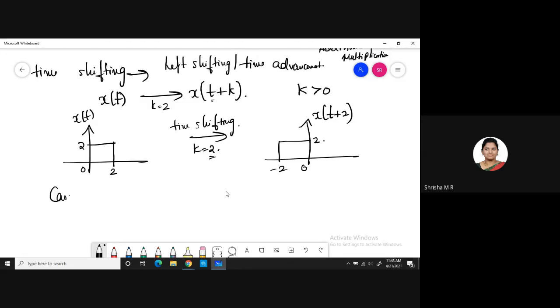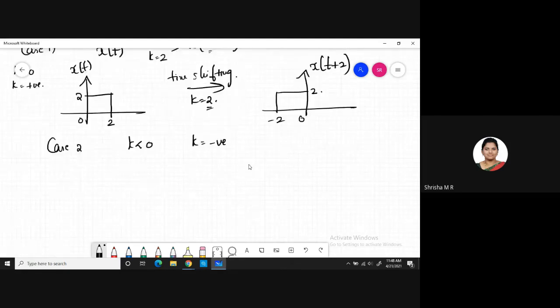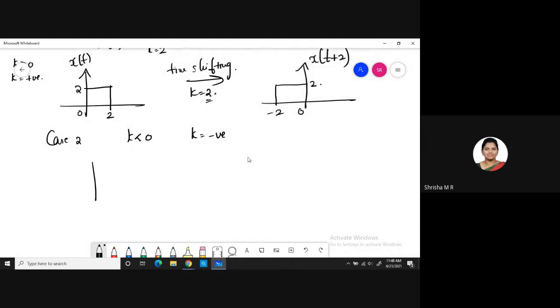So case 2 in shifting: k is less than 0, or k is negative. In the first case, k was positive, k greater than 0. So here I have a signal x of t that exists from minus 2 to plus 2 with amplitude 3.